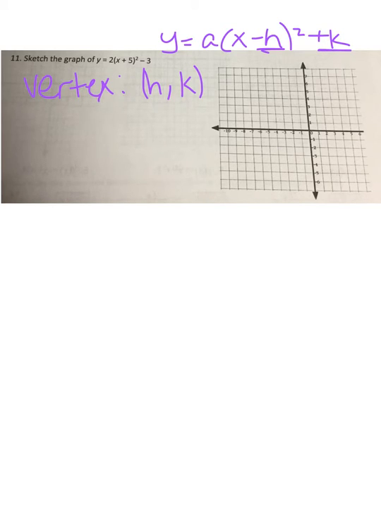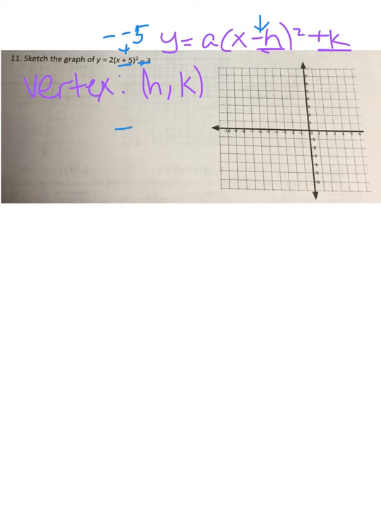So in this case, we're going to be looking at that +5 and that -3. But notice our equation has a negative right there. So in order to make this equation a positive 5, I need to have two negative signs, because two negatives give us a positive.